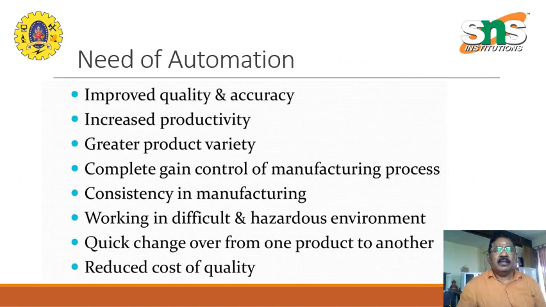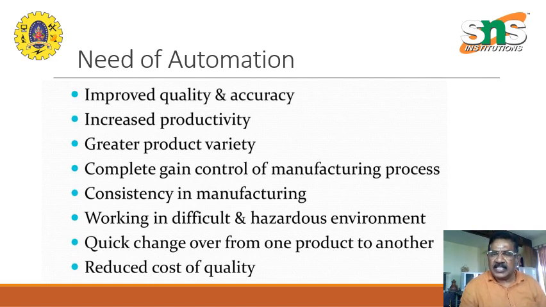Now, the need for automation. I require automation because we want more quality and accuracy of the components that are being made. The process could have consistent quality, the same quality, and the accuracy of components could also be very high.